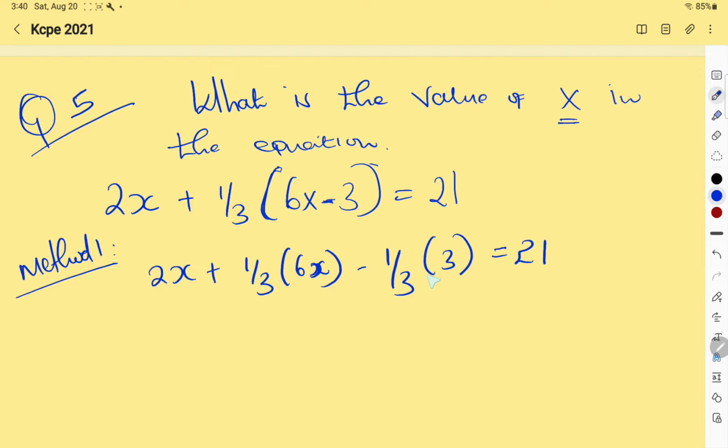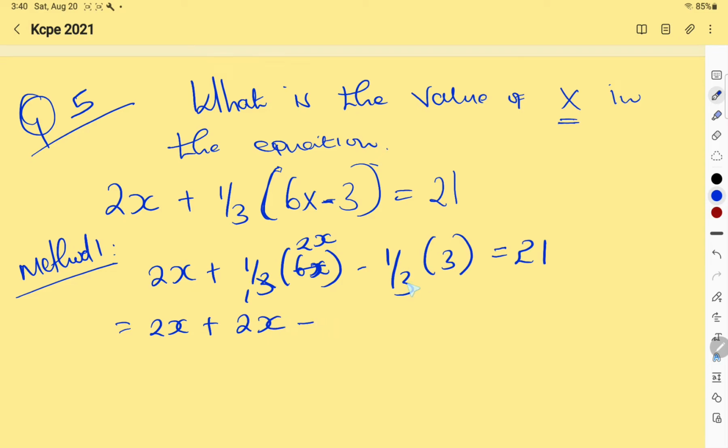and this has expanded the equation. So this will be 2x plus, this one will cancel out, by 3 1, by 3 2, so we are left with 2x, because 1 times 2 is 2.